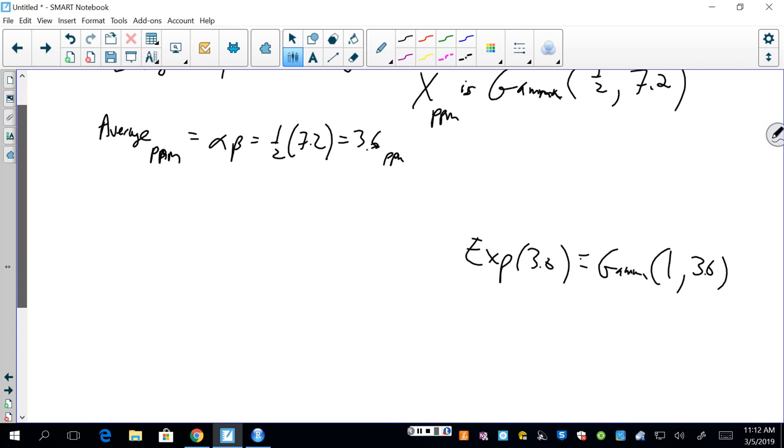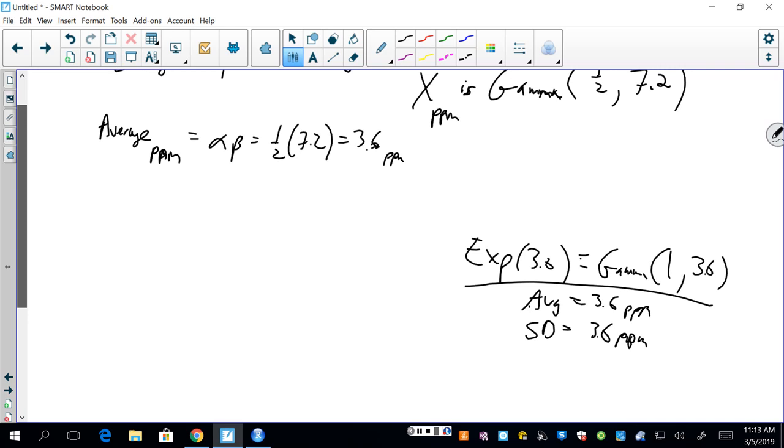How would you know that? You had enough measurements over time and plotted the histograms and tried to match it to a density curve, maybe the other one would fit a little bit better. A little more flexible. This one, the exponential, says that the average is 3.6 parts per million, and it says that the standard deviation is also 3.6 parts per million.